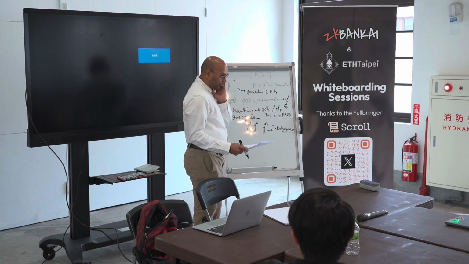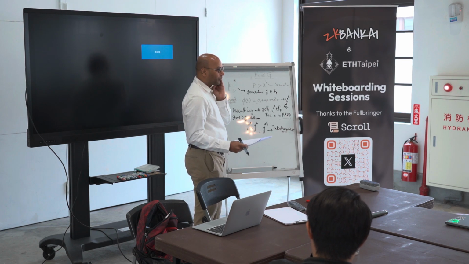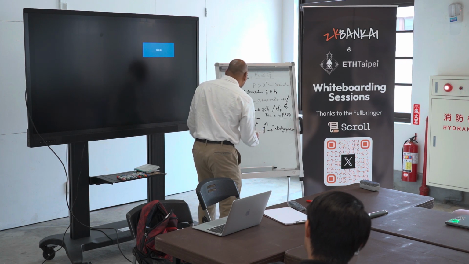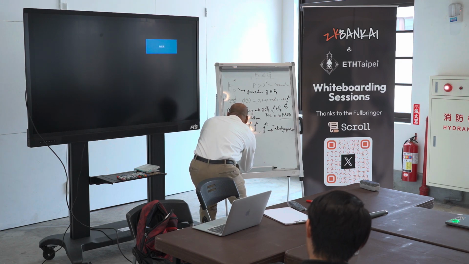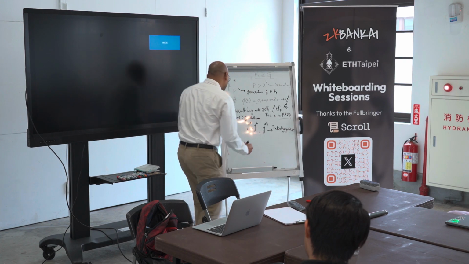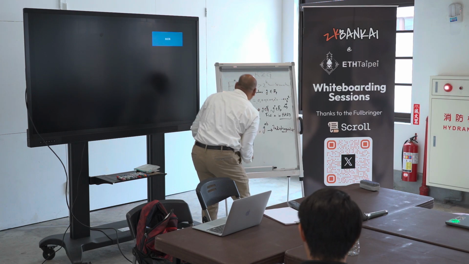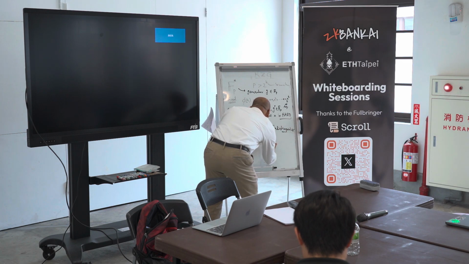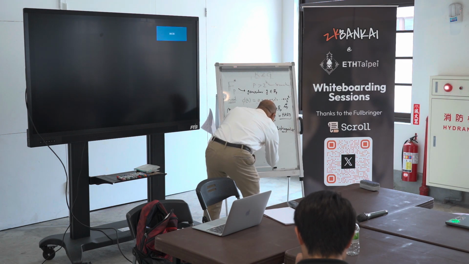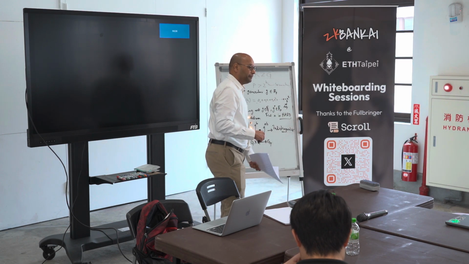There's one more concept we need in order to work with KZG, which is called pairing. So pairing is basically a function that goes from a group to a target group GT, such that it has two important properties.